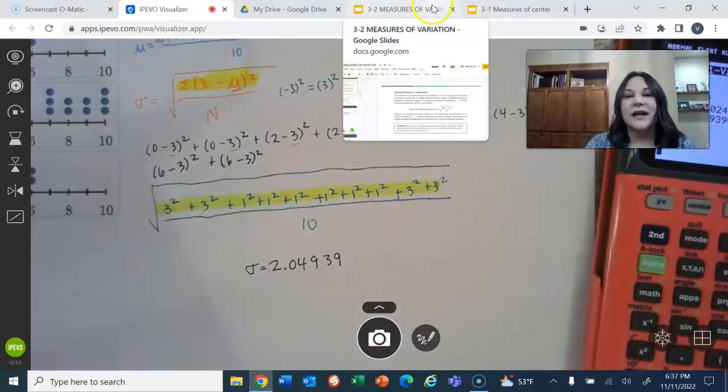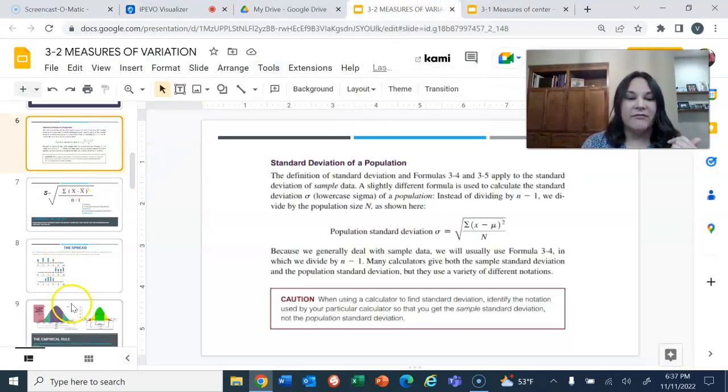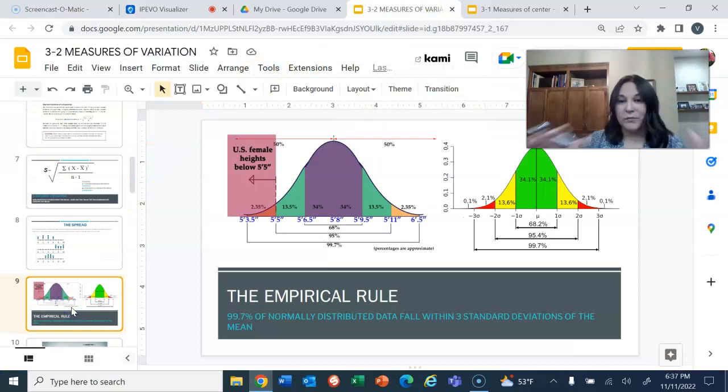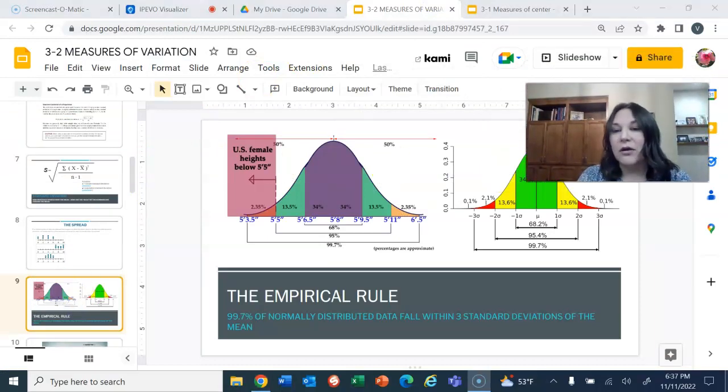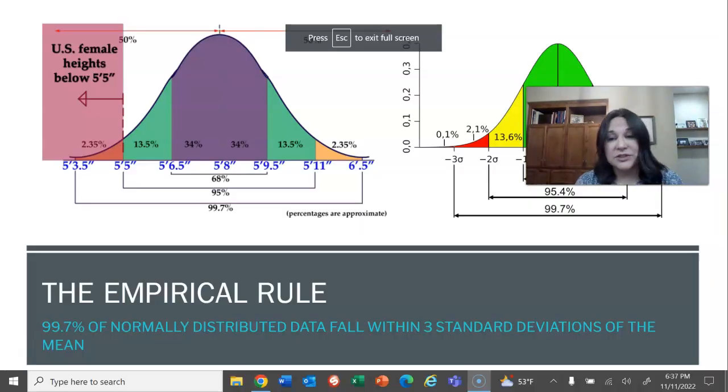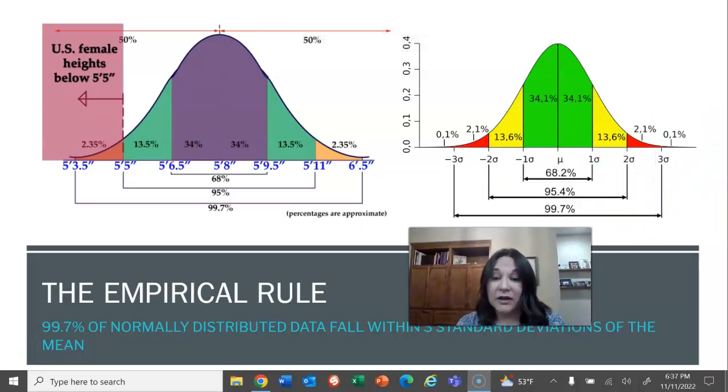Mainly when we get to data that is normally distributed, we are going to be able to use the standard deviation to make predictions about how far values are away from the mean. So again, some useful data that is normally distributed: U.S. female heights, mean 5'8".